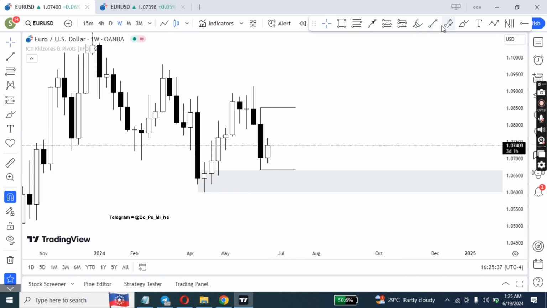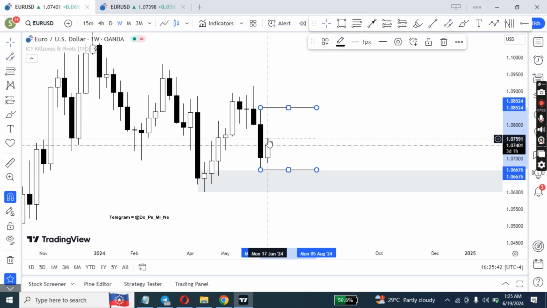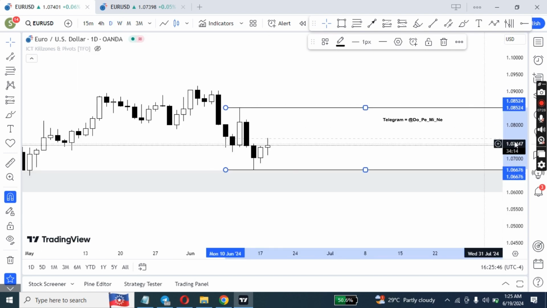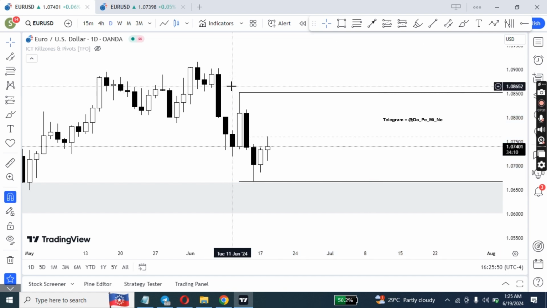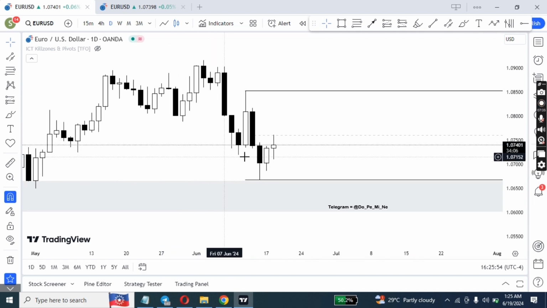Right now I'm going to do this right here, so you can see the 50% of this range right here, and on the lower time frames. Right now on the lower time frame, this is that big bulky candle which can be potentially treated as a weekly CRT. Now this is the 50% of that range.